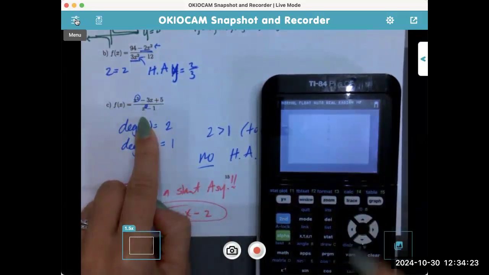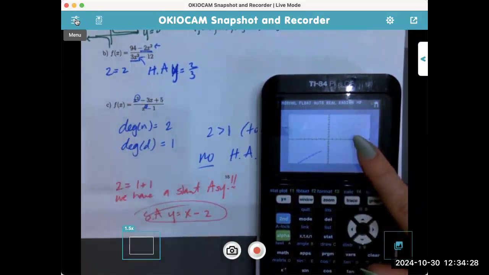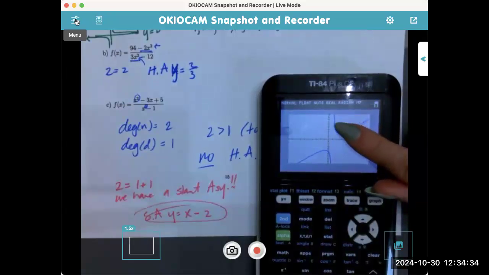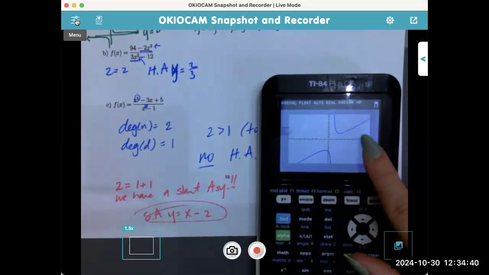And then let's zoom 6. Zoom 6 just gives me a standard 10 by 10 window. Perfect. Notice right here, here is our vertical asymptote at x equaling 1, and here's our slant asymptote.